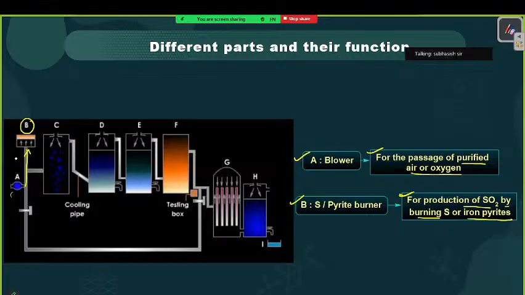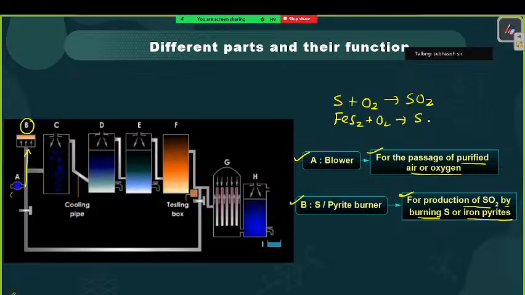What is the function of B? What happens in B? B is a container that produces sulfur dioxide by the reaction between sulfur and oxygen, or iron pyrites and oxygen.